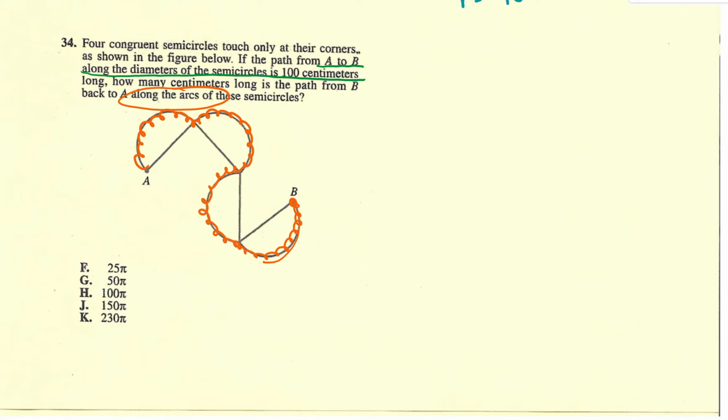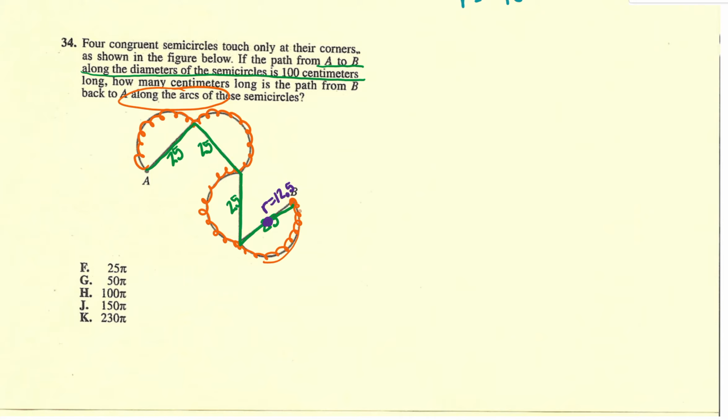First of all, we know that it's 100 through the diameter, so each one of these would have to be 25. So that path to be 100 means those would be 25 each. That means the radius, if the whole thing is 25, is 12.5.